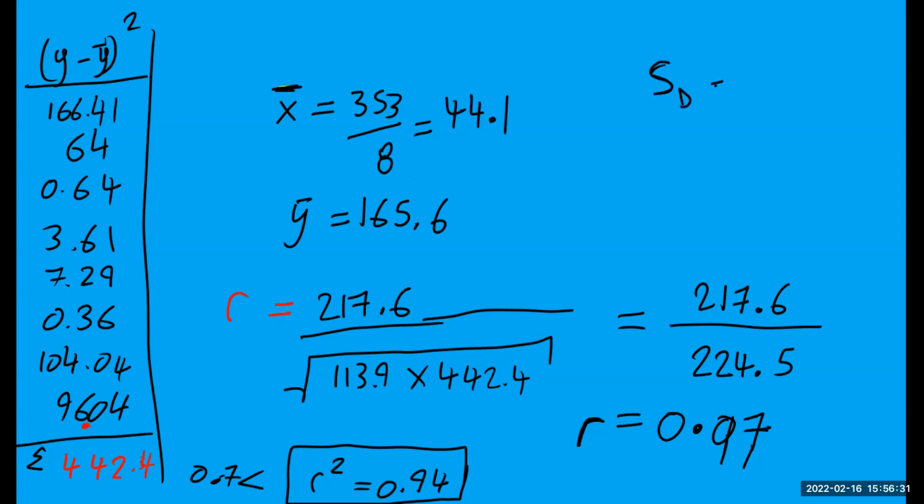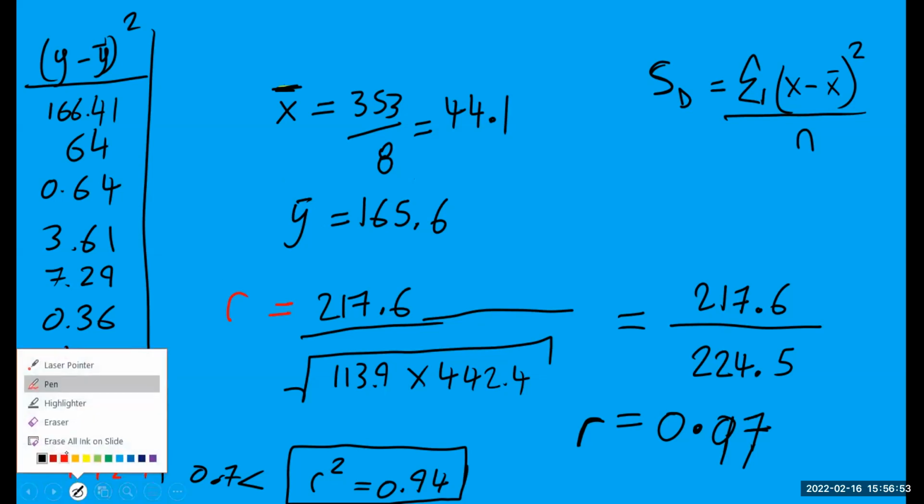Standard deviation, we said, is the square root of the sum of X minus bar X squared divided by N, right? That was when we were just dealing with general standard deviation. But now we're dealing with standard deviation with X and Y.